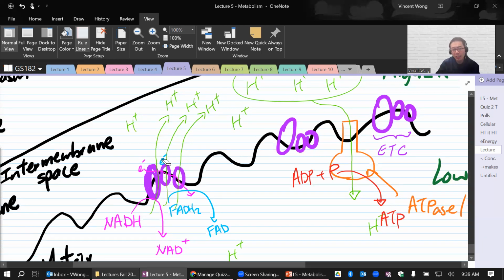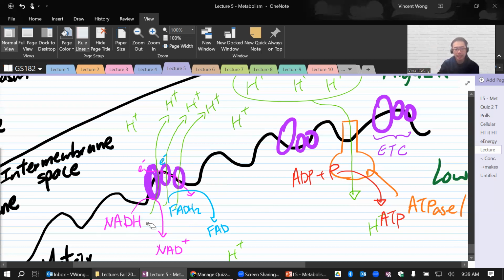And because we drop off the electron later on, it's not going to be sliding down the ETC as much, right? So it's only able to pump fewer H+. And when those H+ come back into the matrix through the ATPase, you will only be able to create 2 ATP.